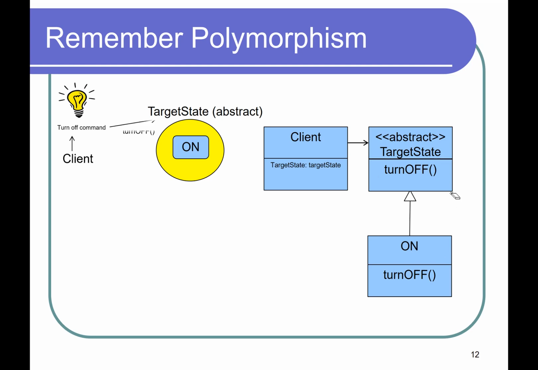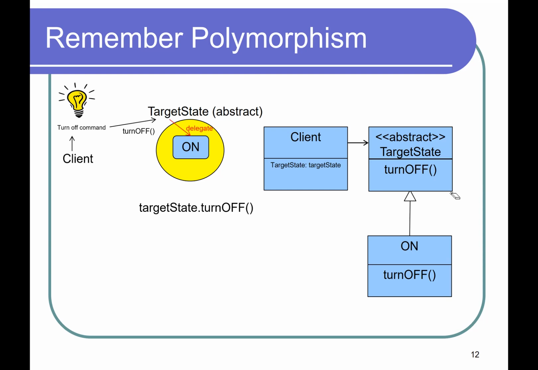Okay. So from its perspective, it thinks it's sending the target class or the target object that it owns a turn off command. Okay. Turn off command wants to do the job, but it realizes it's abstract and that it's hollow from inside. So it looks inside and realizes, well, I got nothing.